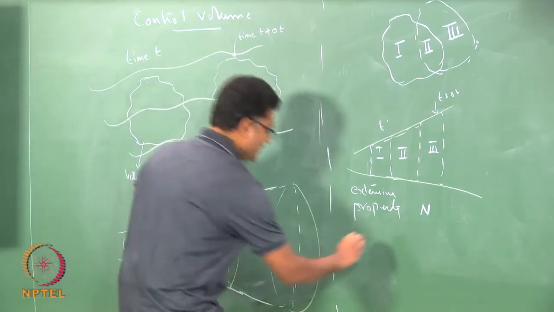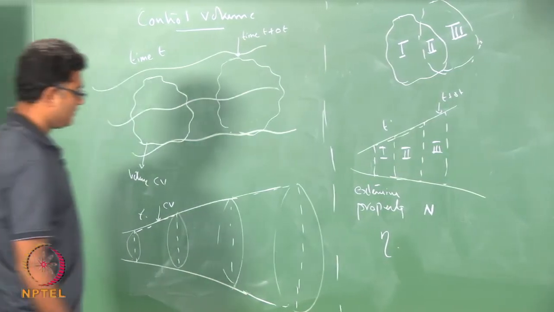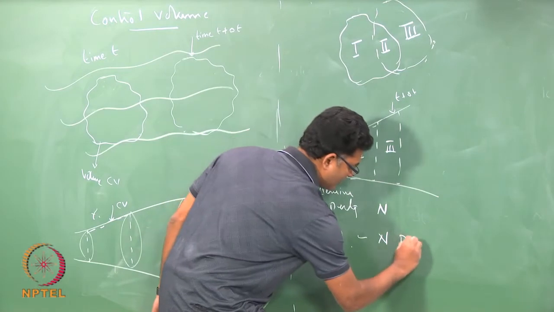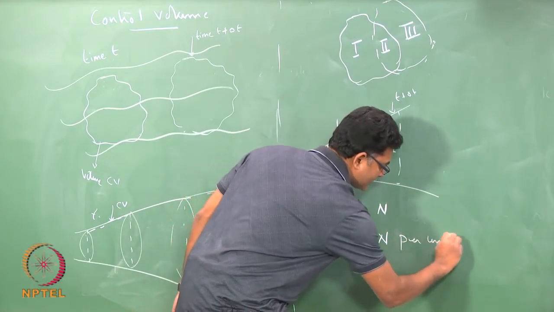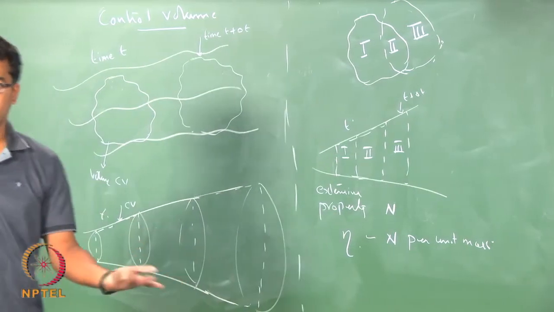Now, I introduce a new variable eta, which is the property N per unit mass, or the density of the property N.